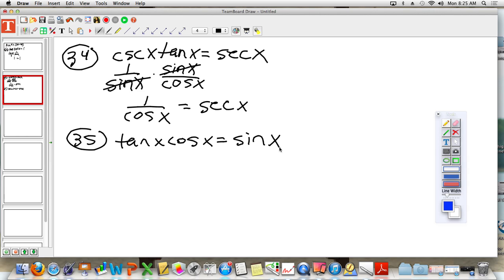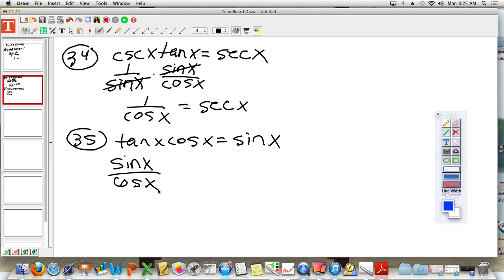Jared, what does tangent mean? It means opposite over adjacent. All right. What else does it mean? Sine over cosine is what he meant to say.